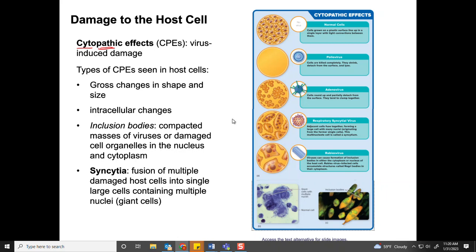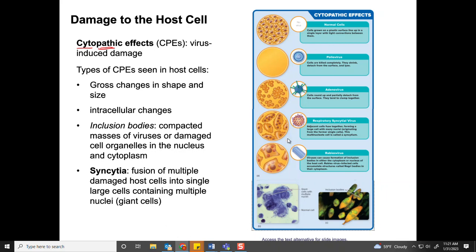They can have inclusion bodies that can start to form, and even syncytia. I always have a hard time pronouncing that one. Syncytia is the fusion of multiple damaged host cells into a single large clump of multiples of cells that have multiple nuclei. We also call them giant cells.